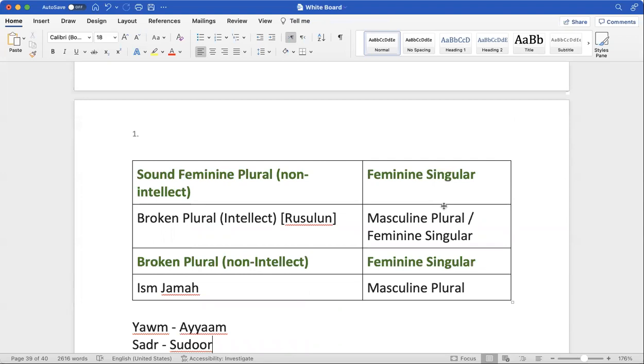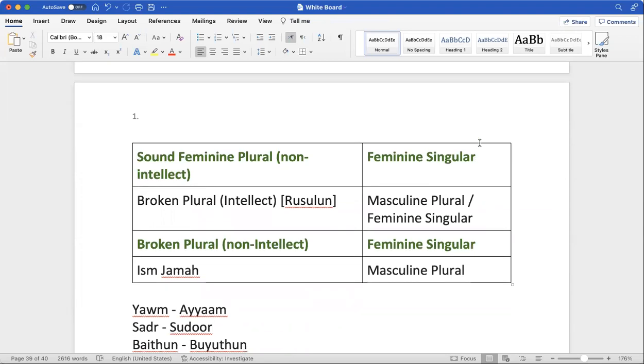Now, if you have sound feminine plural but non-intellect, for example samawatun, it is a normal plural with atun, atin, but it is non-human. You can treat it as singular feminine. So if you have to say these are skies or heavens, you will say hadhihi samawatun.